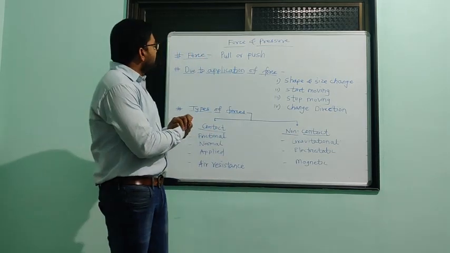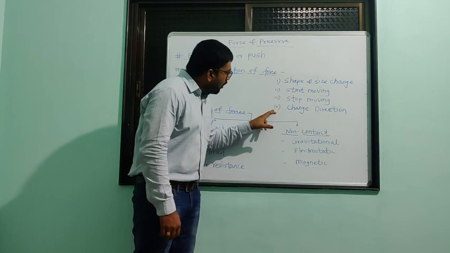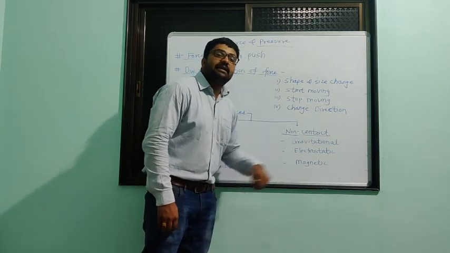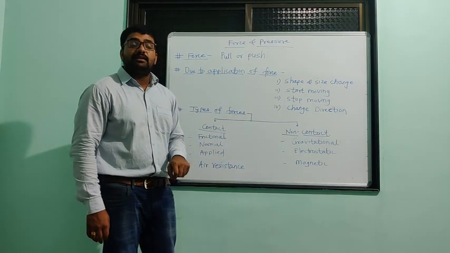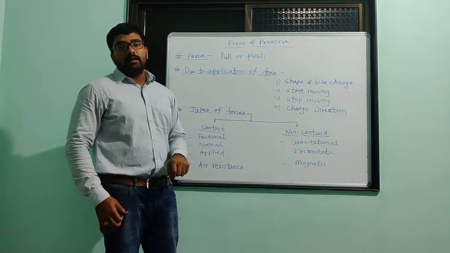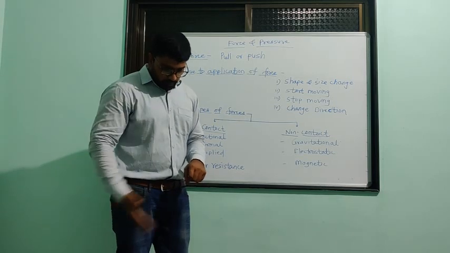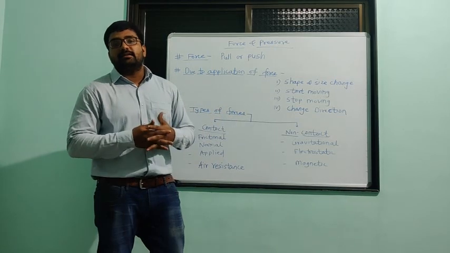And next is, due to the application of force, an object can change its direction. We see this in a football game. Football players kick the ball in various directions.